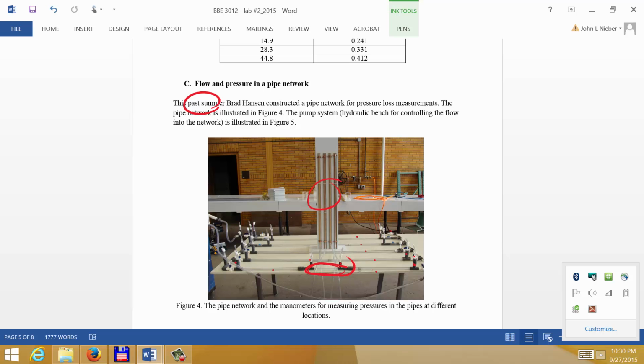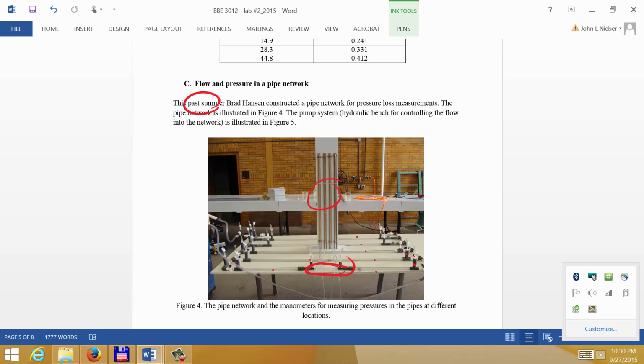That does seem like an awful lot of work. So what we're going to do is have each team be responsible to make measurements on just one set of the devices that we see here. And we have elbows, we've got non-uniform pipes, we've got some uniform pipes but different diameters and so forth, and that would take too long for each team to make measurements on all of those.